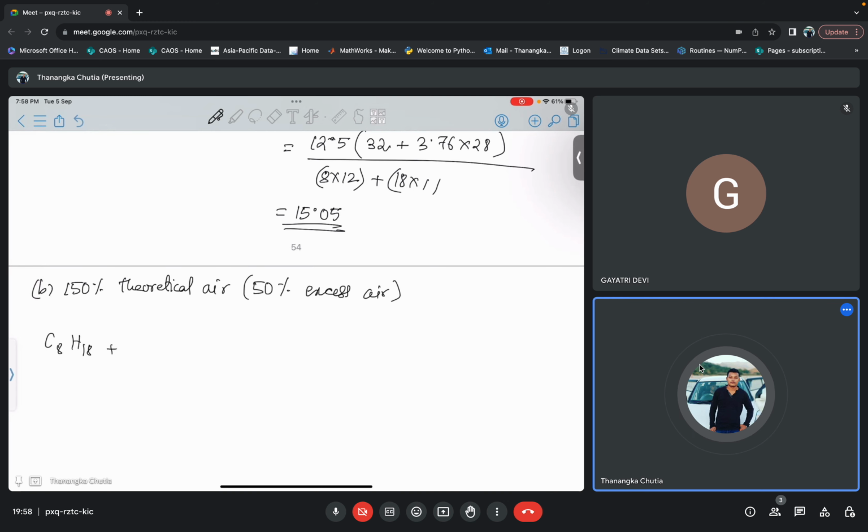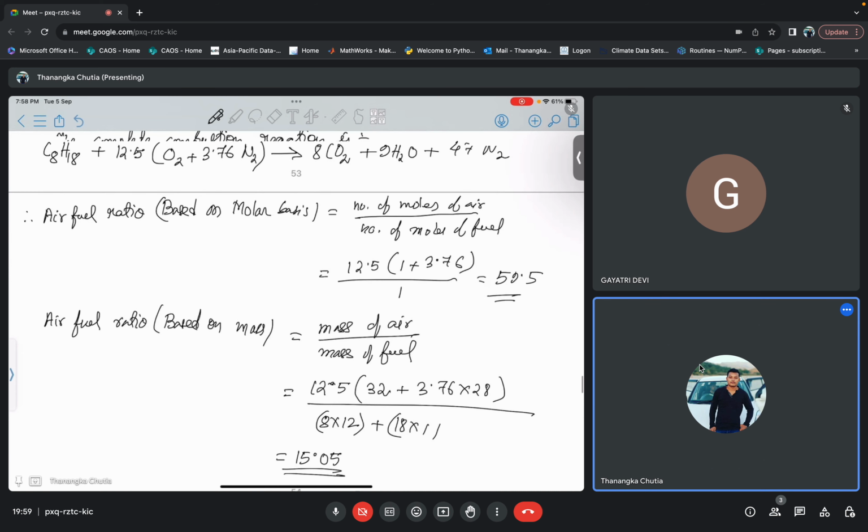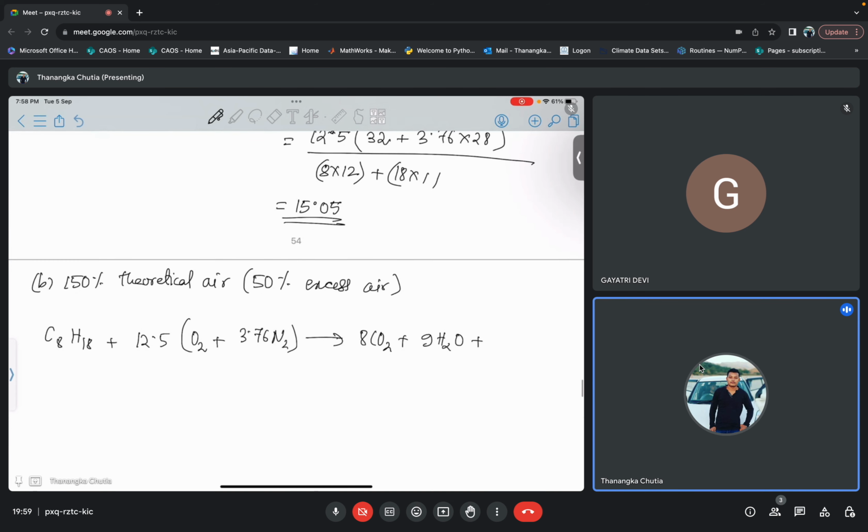C8H18 plus 12.5 times O2 plus 3.76 N2, and this will give you 8 CO2 plus 9 H2O plus 47 N2. This much we will get.